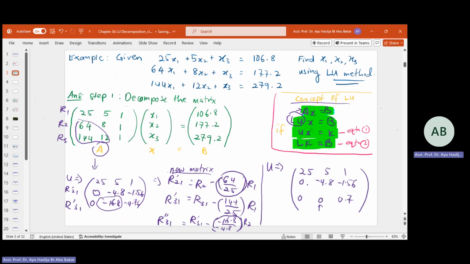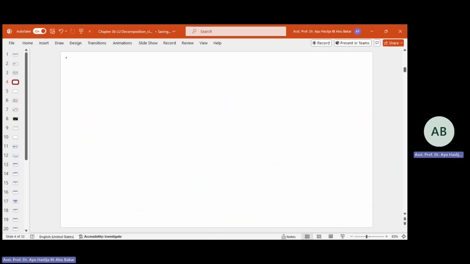Okay, final U matrix. Now, the factors that you found over here will be substituted in the L matrix. Okay, just follow me first. So your L matrix will form like this, this is standard.